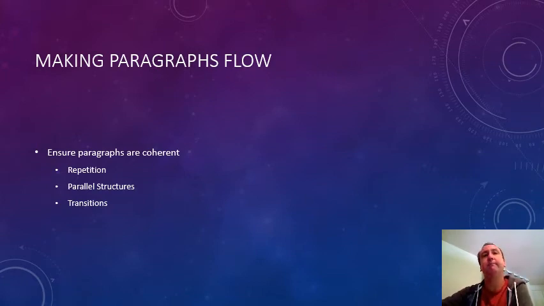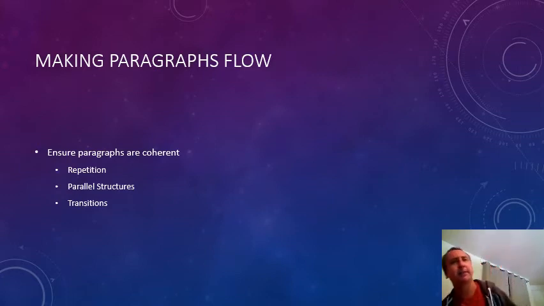Transitions are super important. This is another one where I'm sure you've been reading before, and one paragraph goes to the next one, and you're like, man, whoever wrote that totally went off subject. They should have made a new chapter or something. The main way to make sure that these flow well is to look at the last sentence of the first paragraph, and then the first sentence of your second paragraph, if that makes sense.